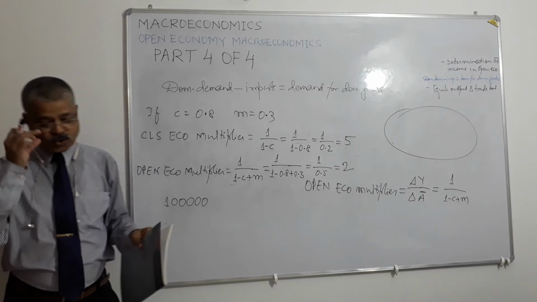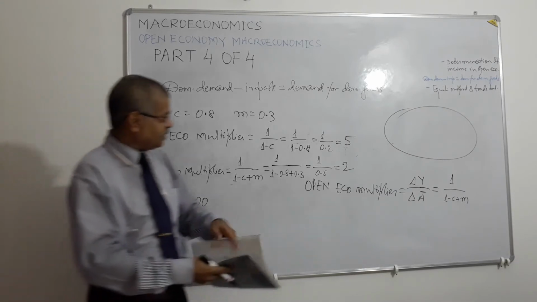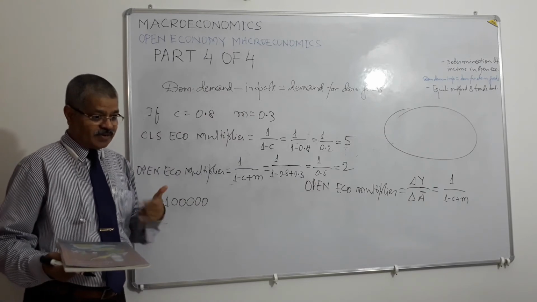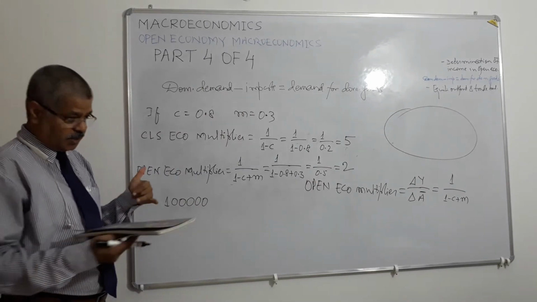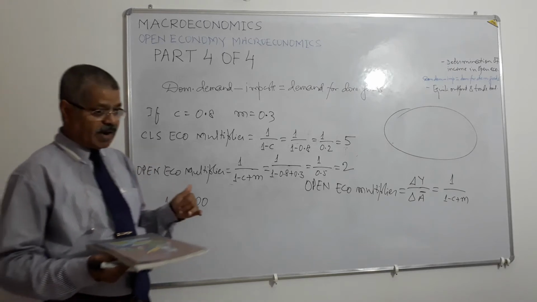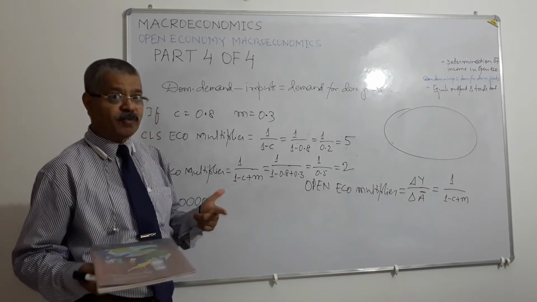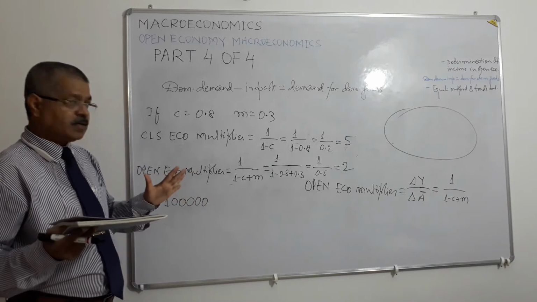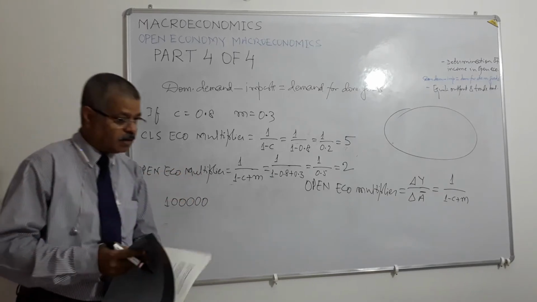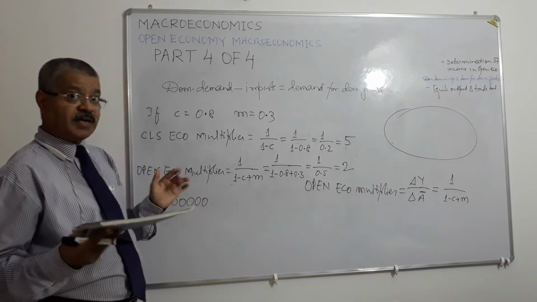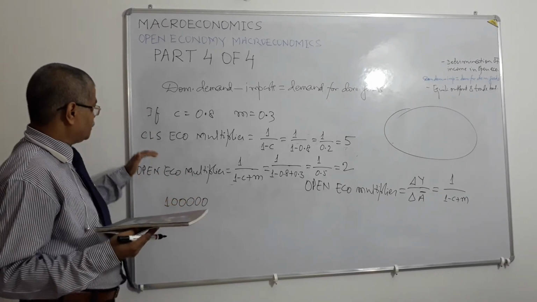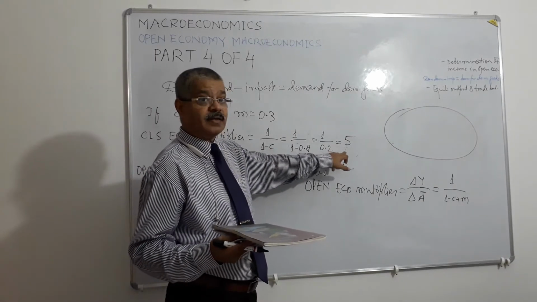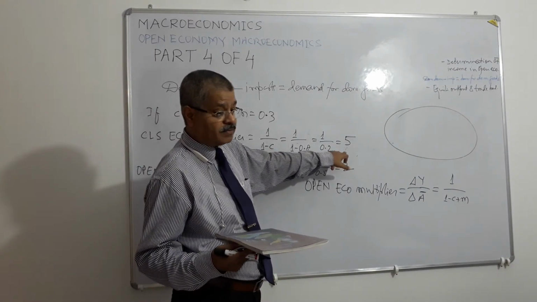If domestic autonomous demand increases by 100 rupees in India, if the economy is closed, the multiplier impact will be 5.